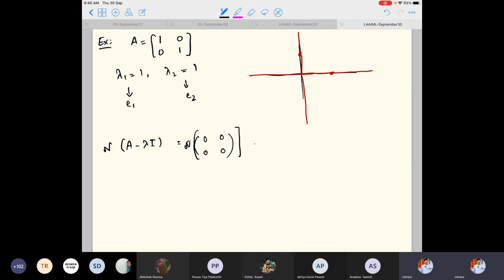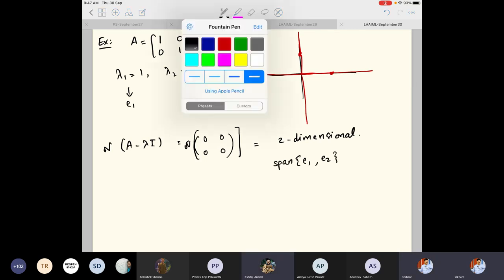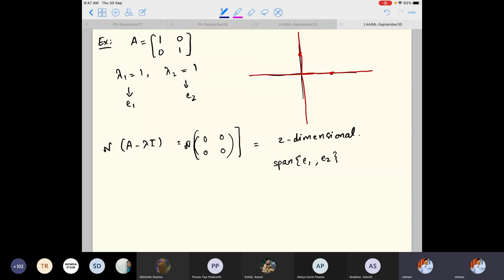So the null space of this matrix is two-dimensional. So far, we had only gotten a one-dimensional null space. Now we have gotten a two-dimensional null space. So in a two-dimensional null space, what am I going to do? I am going to choose an orthogonal basis for this subspace. So I chose E1 and E2. It is not necessary; I could choose any other basis.